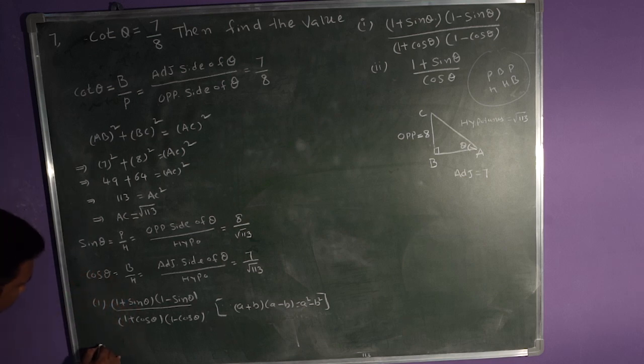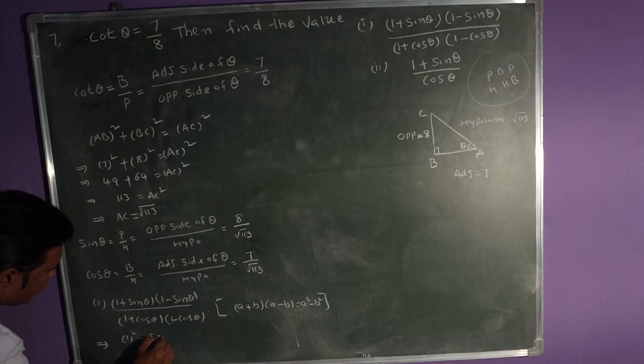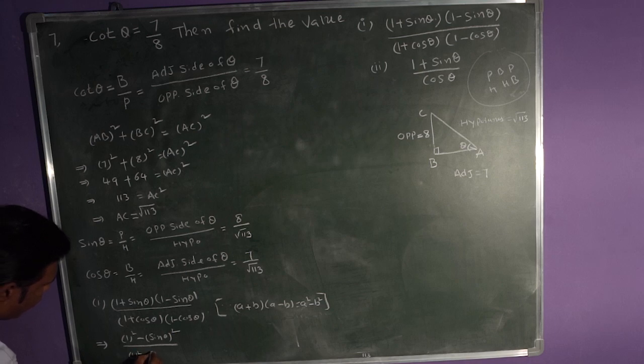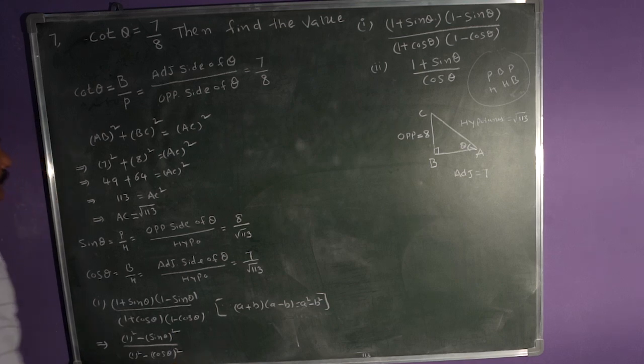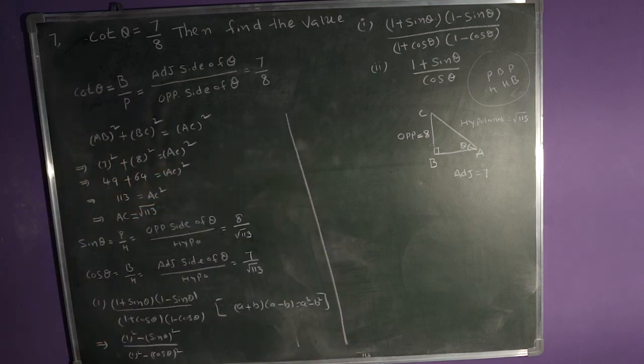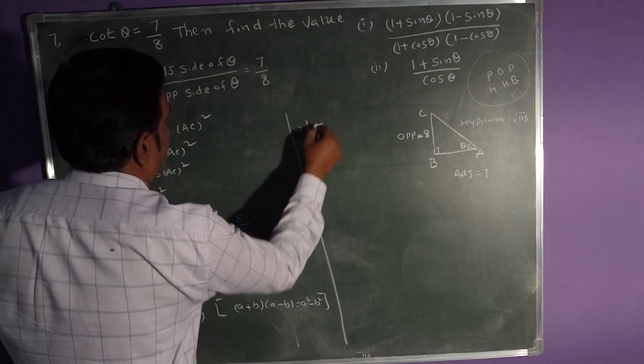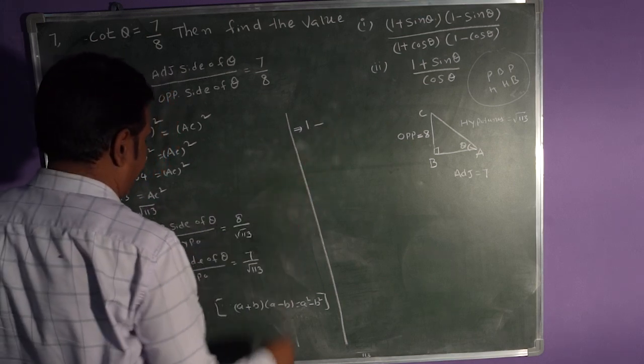This implies 1 square minus sin theta whole square, divided by 1 square minus cos theta whole square. 1 square means 1.